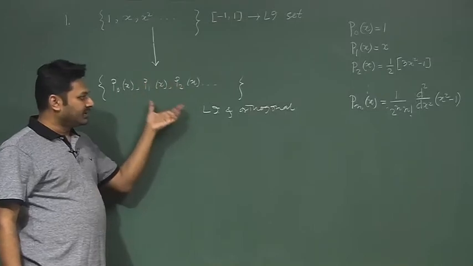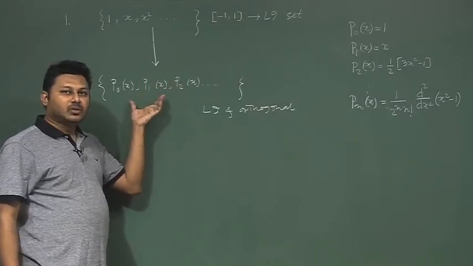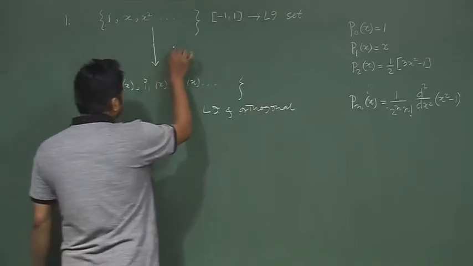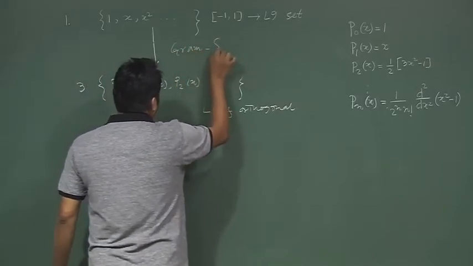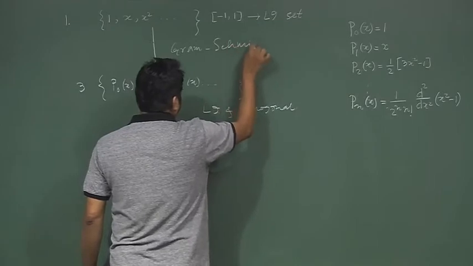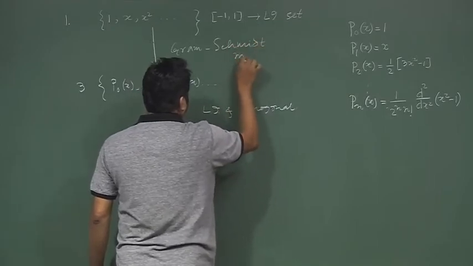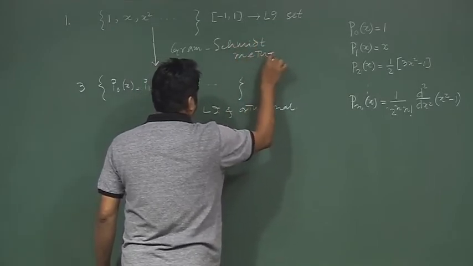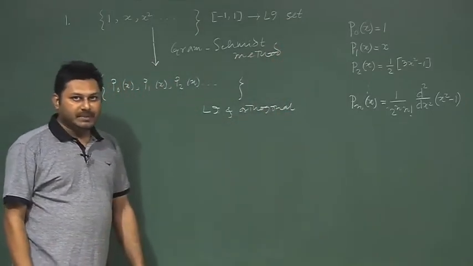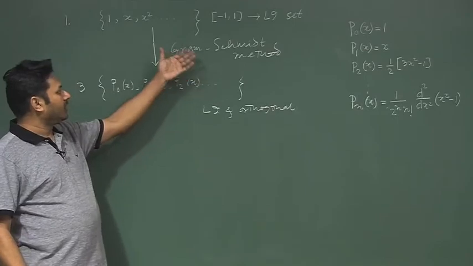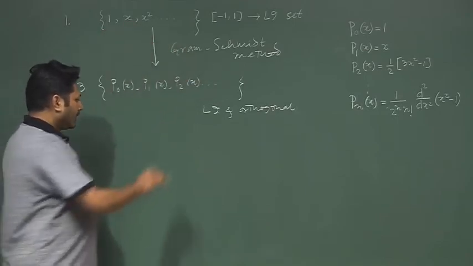If I put in the normalization constant, then it should be normalized also, and we use the standard Gram-Schmidt method of orthonormalization.